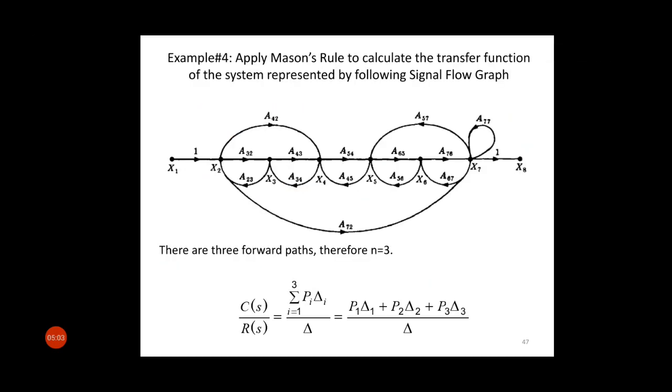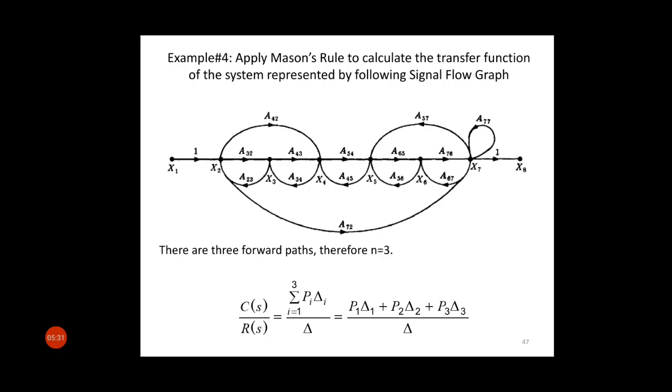Now come to the next example. Here we have seen there are three forward paths. This example we have solved in the previous signal flow graph example. In that case we have seen there are three forward paths, that's why here we put n equal to 3.